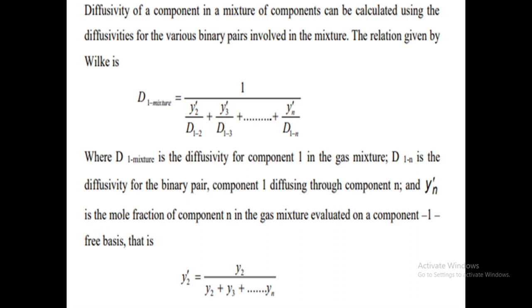D1n is the diffusivity for the binary pair, component 1 diffusing through component n. What is y? y represents gases. Here we want to discuss only gas, we are not considering liquid. That's why small y represents gases. This is the mole fraction of gases.